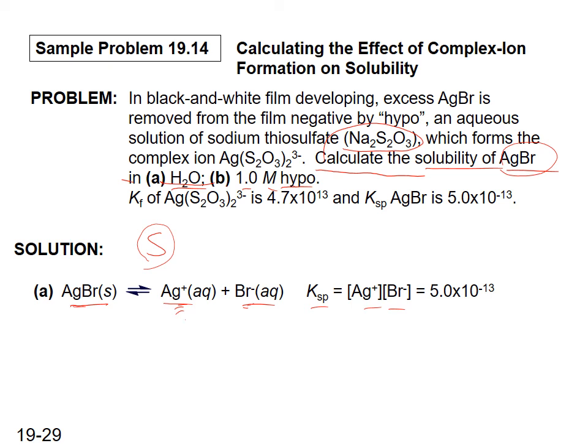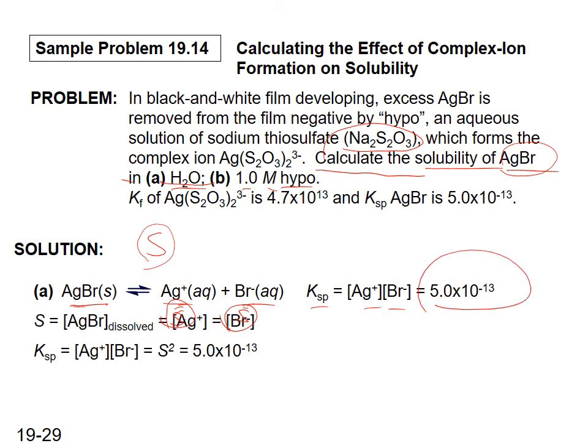So the silver ion will be S, bromide will also be S, and therefore S squared, these two multiplied together, is this Ksp. So S squared is Ksp, and therefore we can easily calculate the S to be square root of this Ksp. So the answer is 7.1 times 10 to the minus 7.